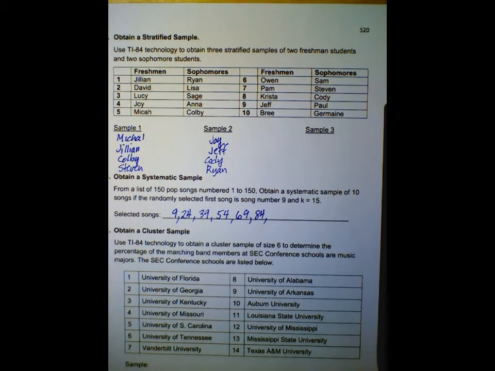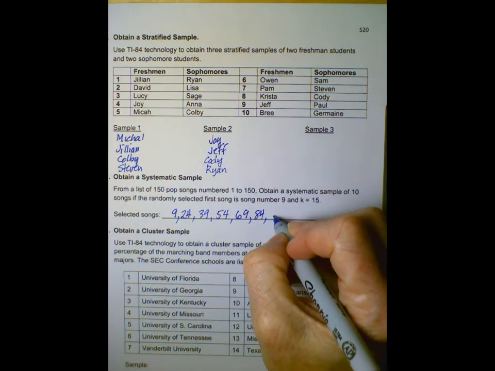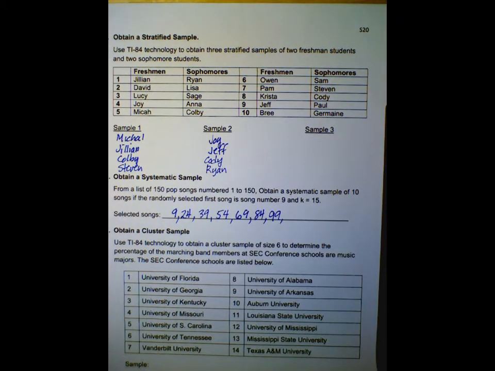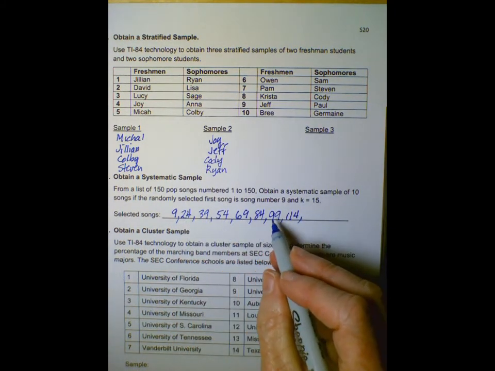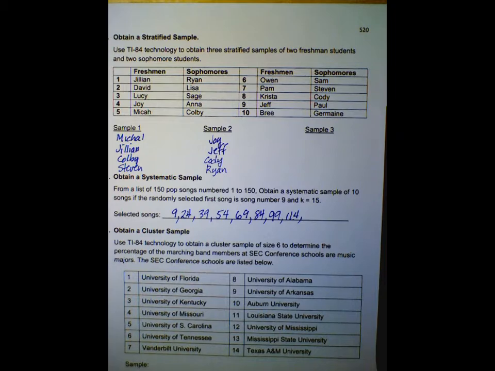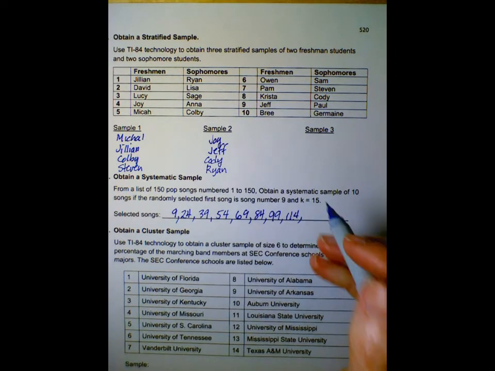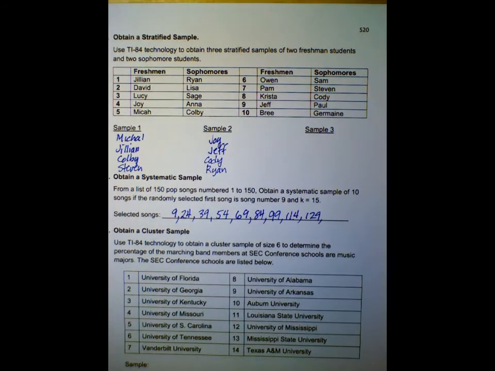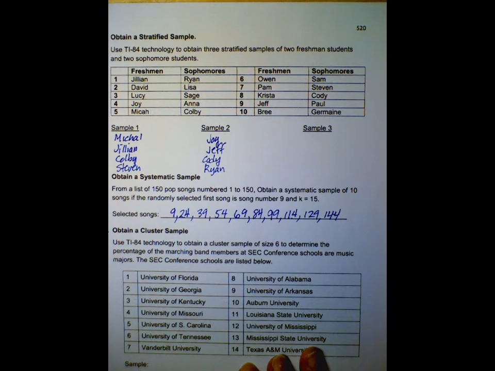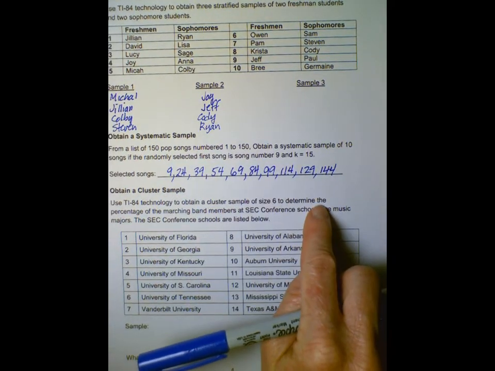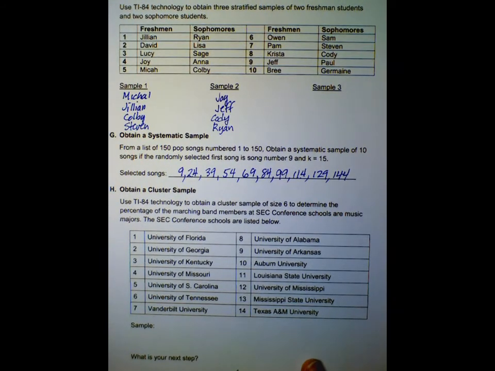Plus 15, 99. Plus 15, 114. 1, 2, 3, 4, 5, 6, 7, 8. 9 is 129. And 10 is 144. Those are our 10 songs. That's systematic.